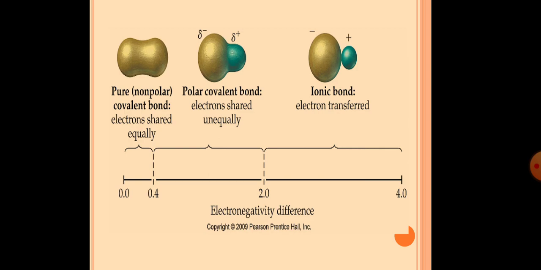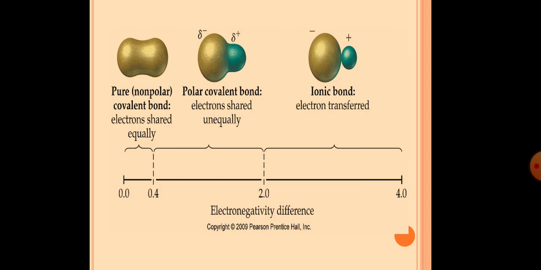These pure or non-polar covalent compounds are formed between the same atoms. For example, hydrogen and hydrogen combining to form a hydrogen molecule, or oxygen and oxygen atoms combining to form an oxygen molecule, or the formation of a nitrogen molecule. Such compounds form only non-polar covalent compounds.